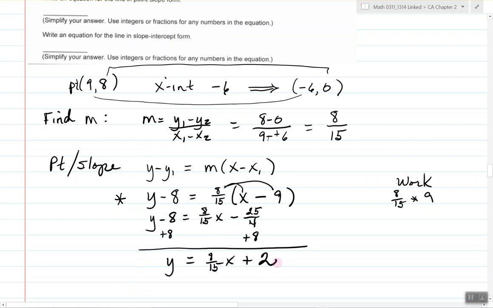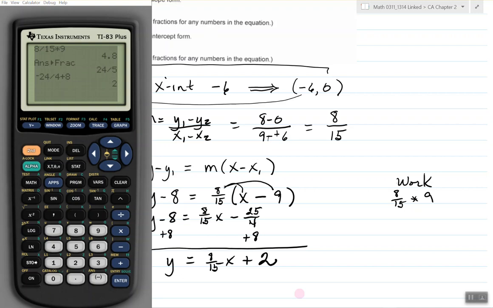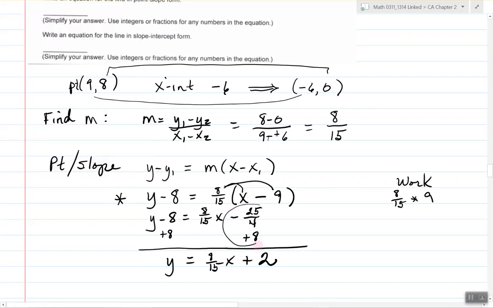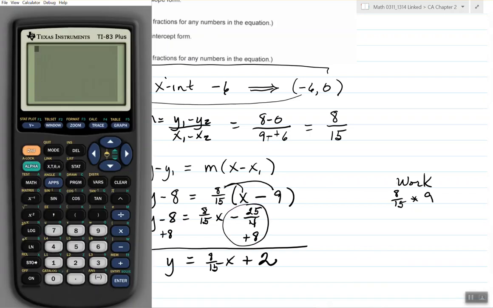And let me double check that. Okay, I typed the wrong thing into my calculator. So it is negative 25/4. Whoops. Just going to clear everything. So I'm typing this part into my calculator. So little negative sign, 25 divided by 4 plus 8, 1.75.